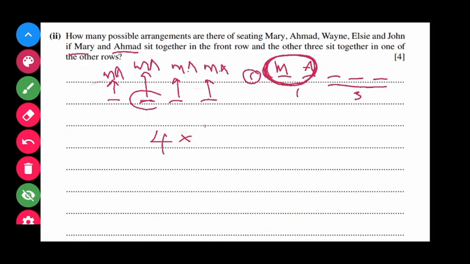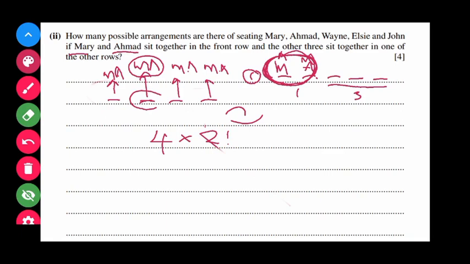But now think about Mary and Ahmad. They can change their places. Like here Mary is first and Ahmad is second. They can sit in a way that Ahmad is first and Mary is second. So they can be arranged among themselves in the group in 2 factorial ways.